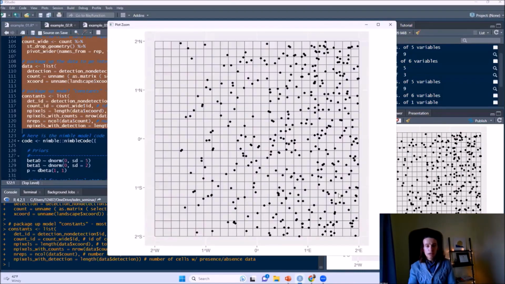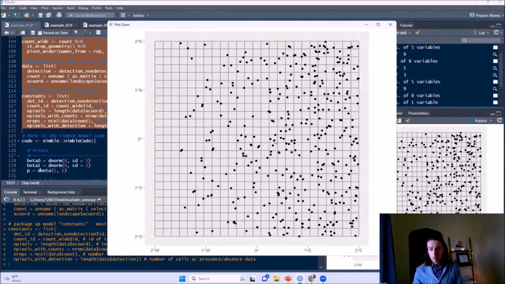So what I've done here is I've simulated a point pattern across a hypothetical landscape. You see all of those points across this landscape. Those are representing the locations of hypothetical individuals. For species that don't move around, so plants, for example, that's the location of the plant.